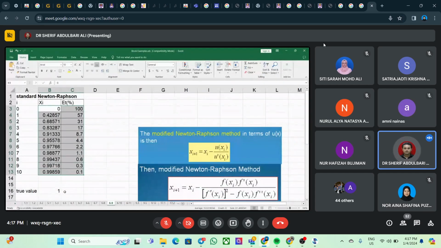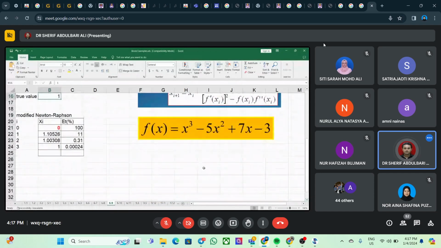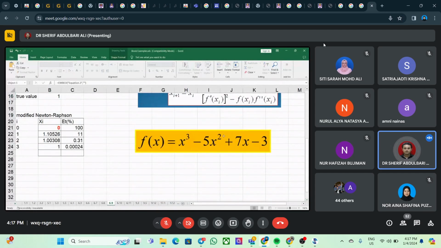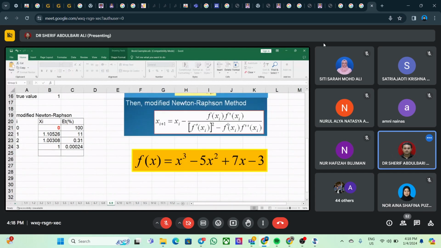Actually, the true value for that function is supposed to be equal to 1. But now what I want you to do is repeat this example to solve for the modified Newton-Raphson. This is the equation of the modified Newton-Raphson. Remember that you need to find the first derivative and the second derivative of this function, and you start with the initial value of x equal to 0.